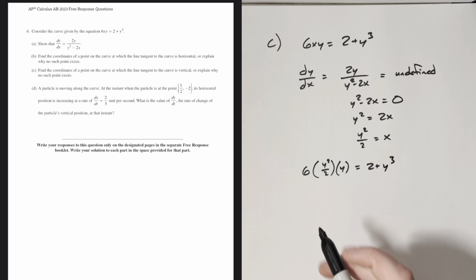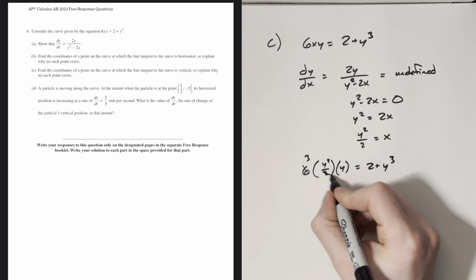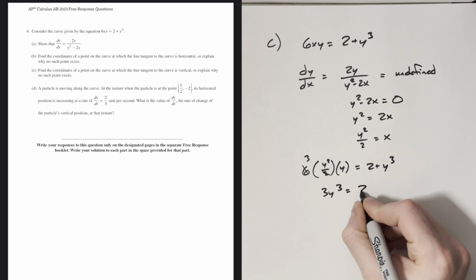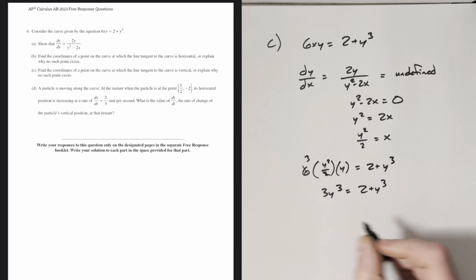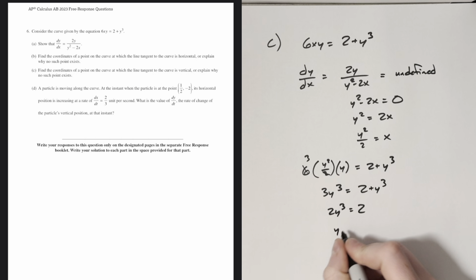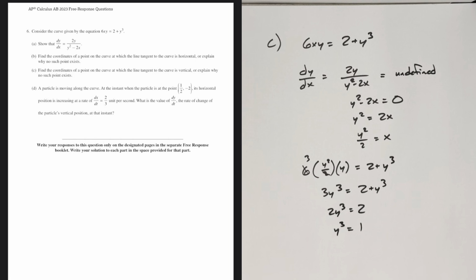Multiplying this out, 6 divided by 2, I get 3. So 3y cubed equals 2 plus y cubed, or 2y cubed equals 2. y cubed equals 1. The only real solution to that is y equals 1.